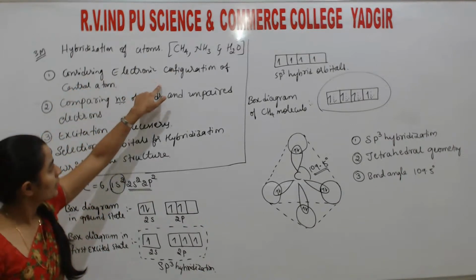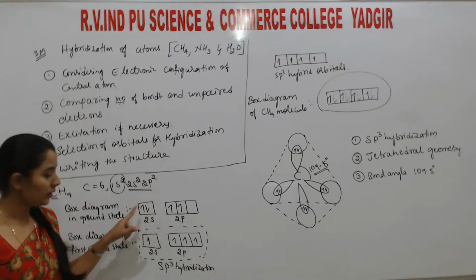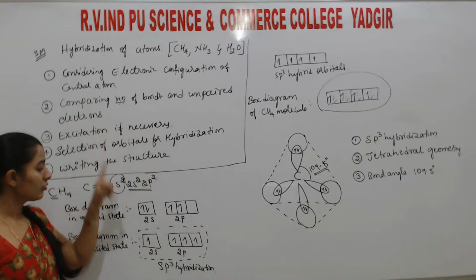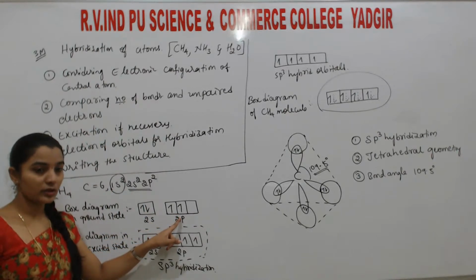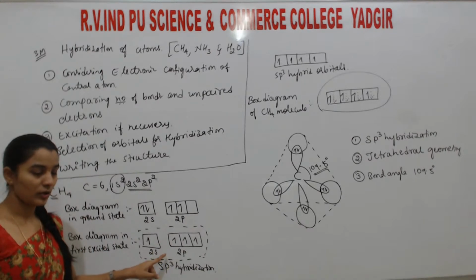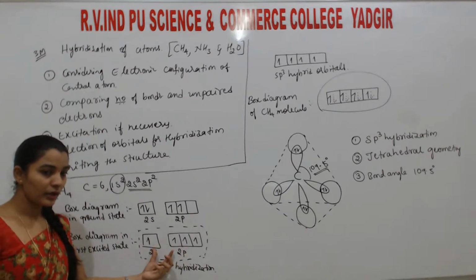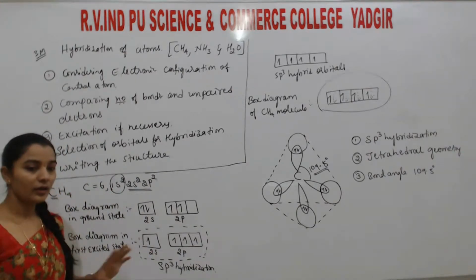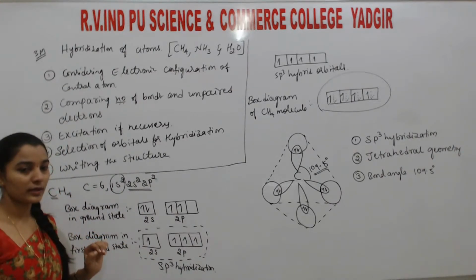One is considering the electronic configuration, we consider the box diagram. Next, comparing the number of bonds and the unpaired electrons. Here the number of unpaired electrons is 2, here 4. So we excite the molecule. When we excite the molecule, the 4 electrons are available. Number of bonds is also 4, then no need for further excitation.